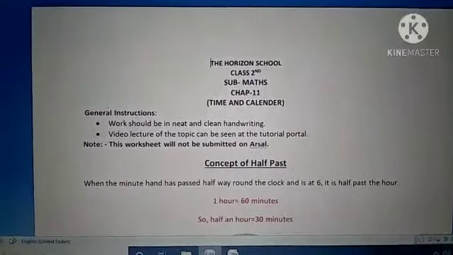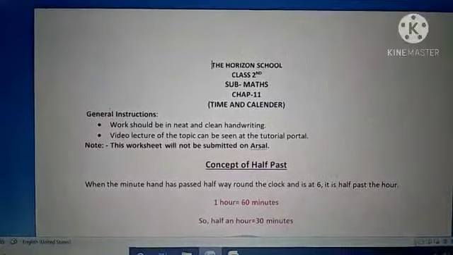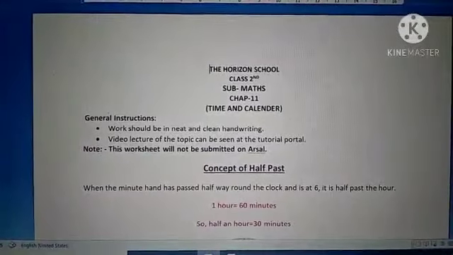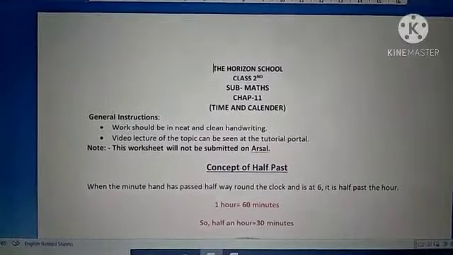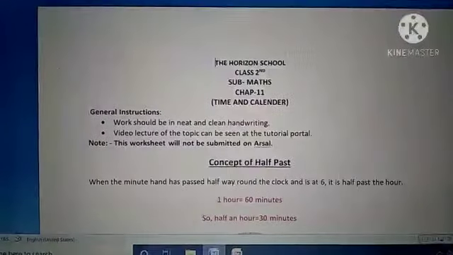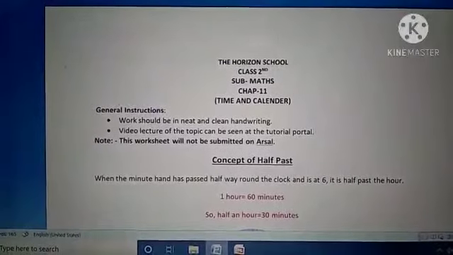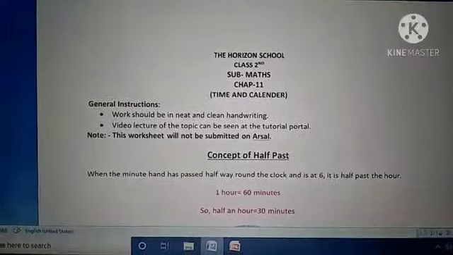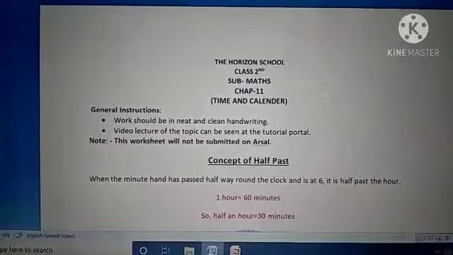When the minute hand has passed half way round the clock and is at 6, it is half past hour. Okay students, so in the previous class, what have we learned? That 1 hour is equal to how many minutes?